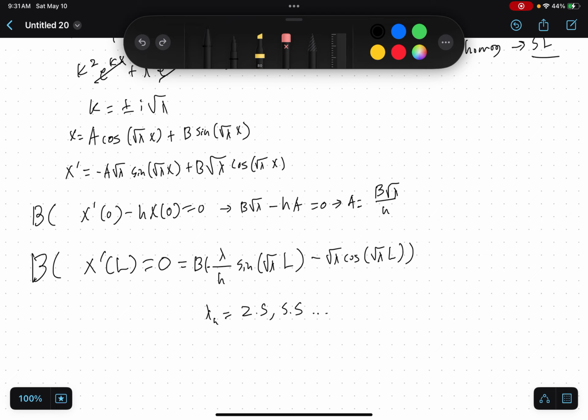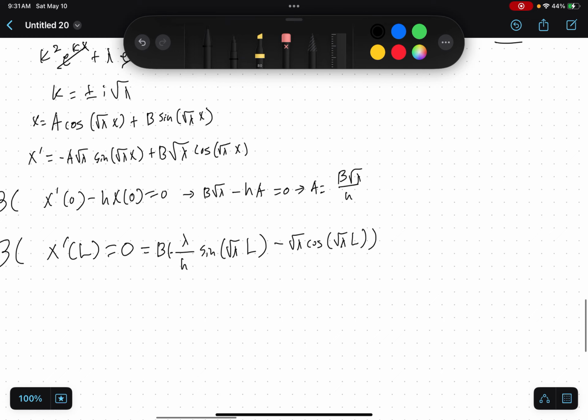Okay, so based on all that, we can say that this solution fixes lambda.